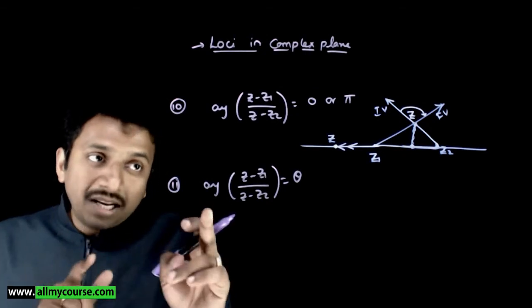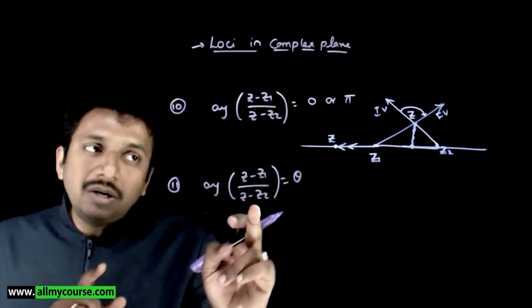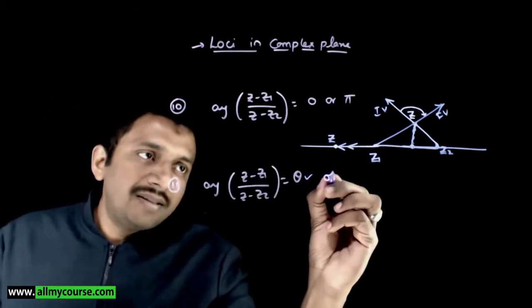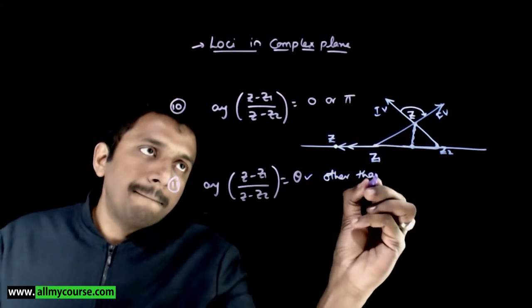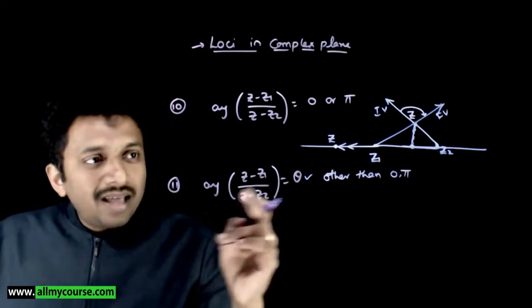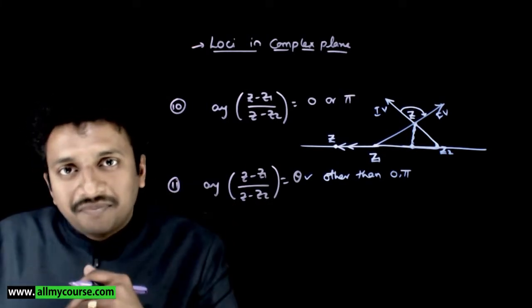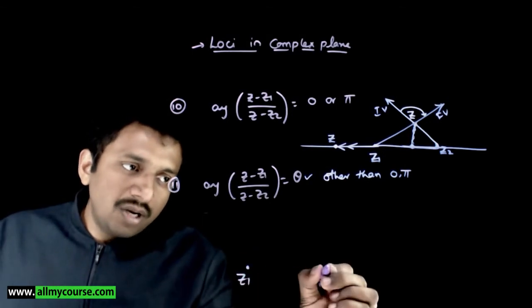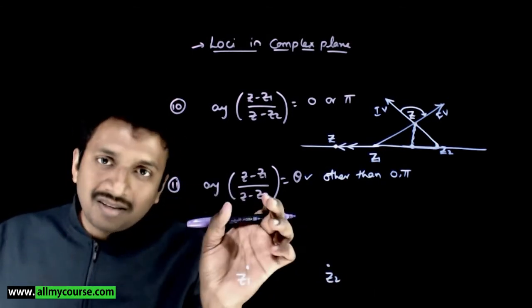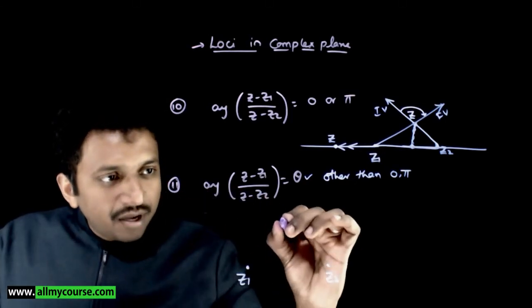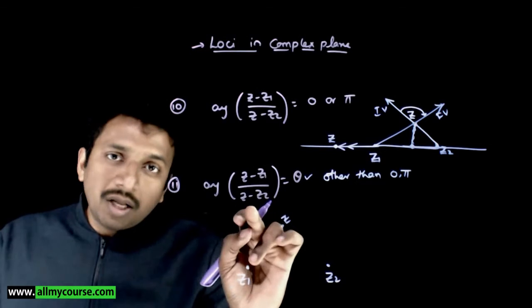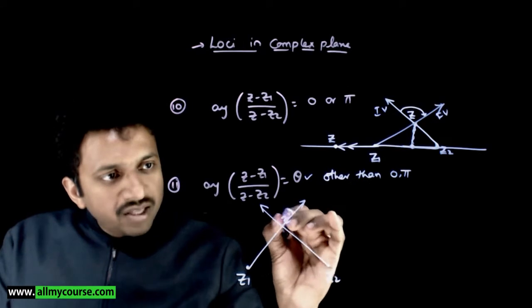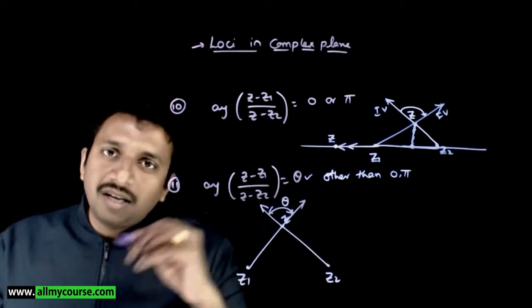So now, argument of z minus z1 by z minus z2 is some angle theta, which is not equal to 0 or pi. Any angle other than 0 and pi, you won't get a straight line. So what does this represent? If you have complex numbers z1 and z2, what this statement says is, the vector joining z2 to z and the vector joining z1 to z will always make a specific angle theta between them.